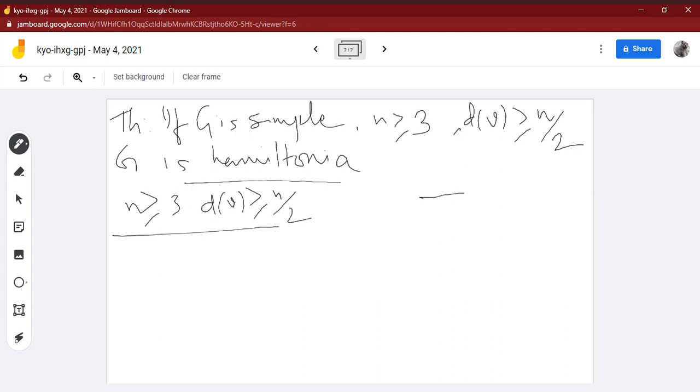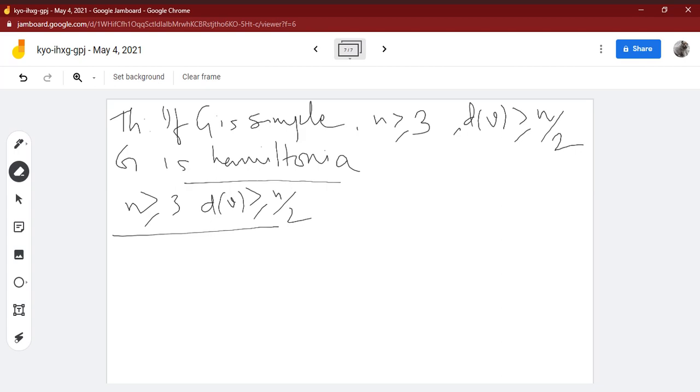Understood? By making a supergraph we add edges, that means we add degree, so we are not reducing degree. That's why degree will remain at least n by 2 for the supergraph.